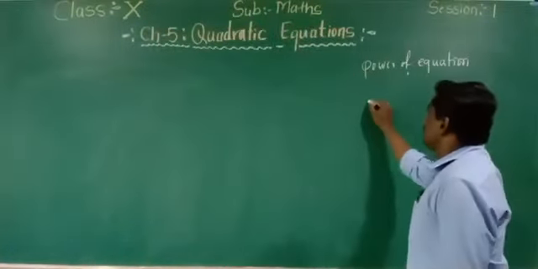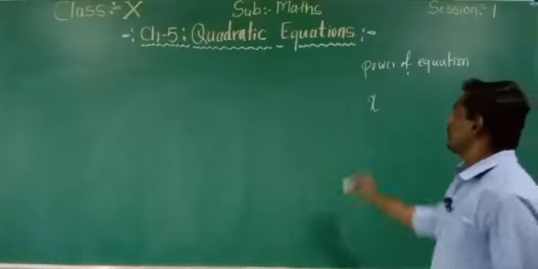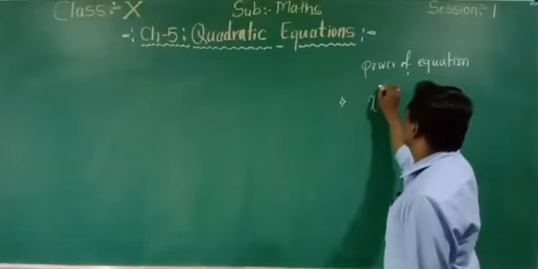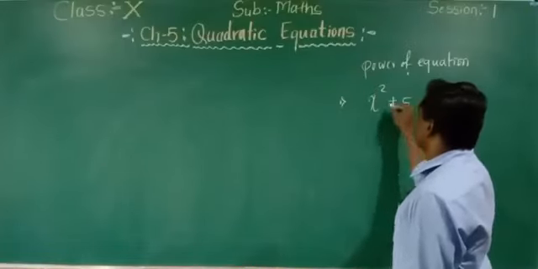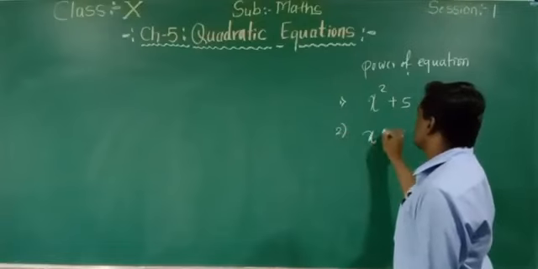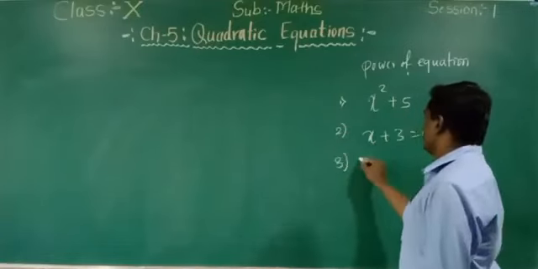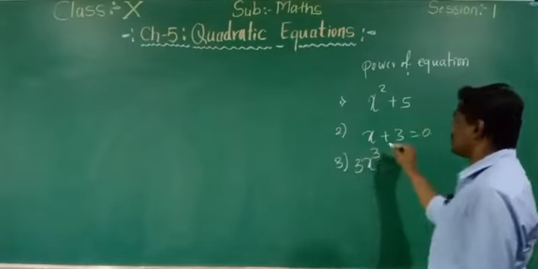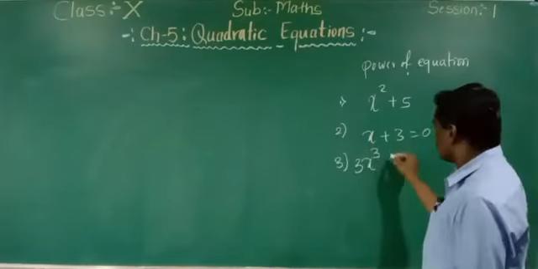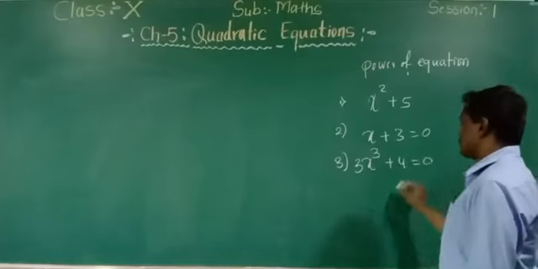Listen here. I will take some examples. X raised to 2 plus 5, and second one x plus 3 is equal to 0. Third one 3x cube plus 4 is equal to 0.